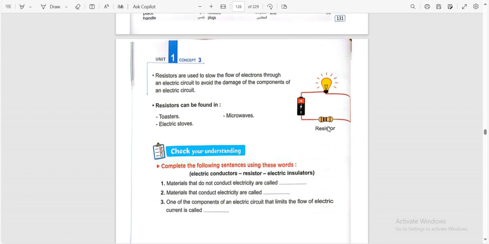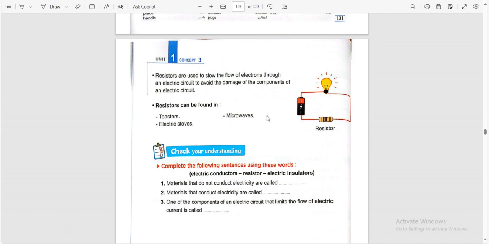That's why resistors are very important, because sometimes the energy in the battery is more than the device can take. And this will cause the device to blow up, to not work anymore. So the resistor limits the amount of energy going into the device to protect it, to avoid damage.